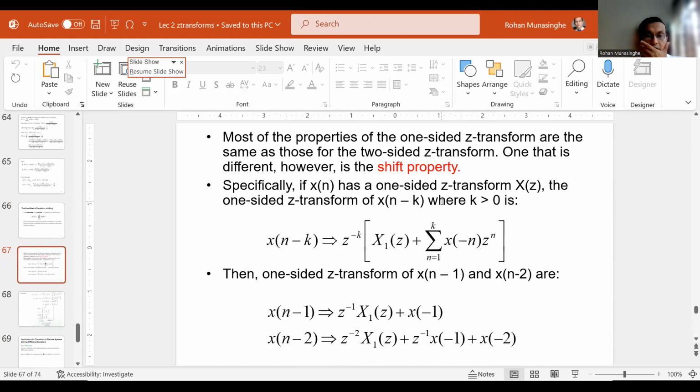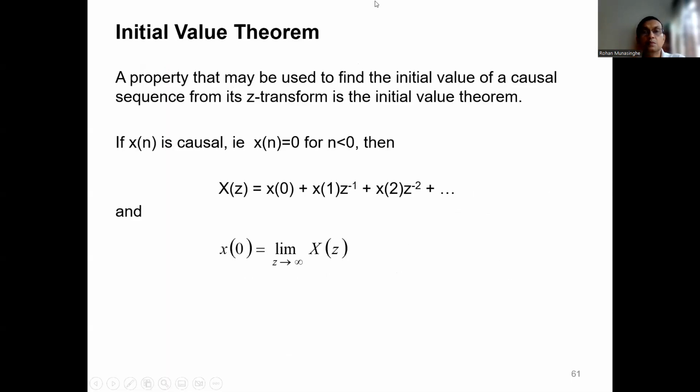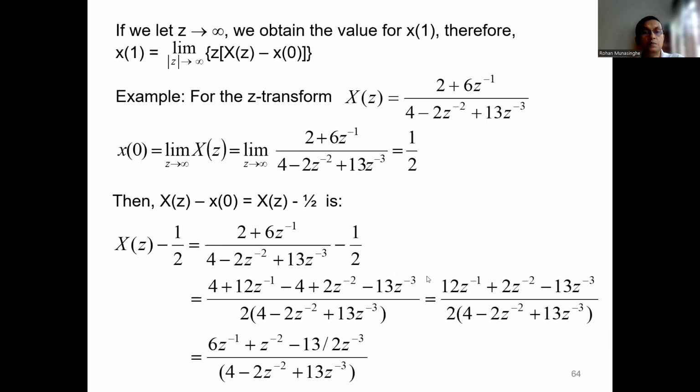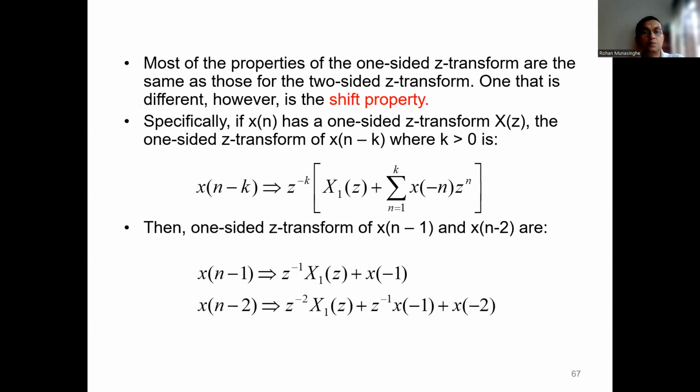The shift property, right? Now here you can see, look at this expression here, x[n minus k].